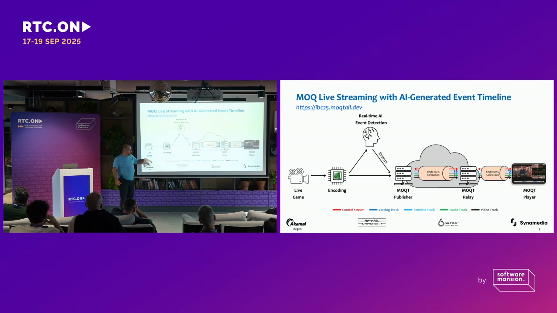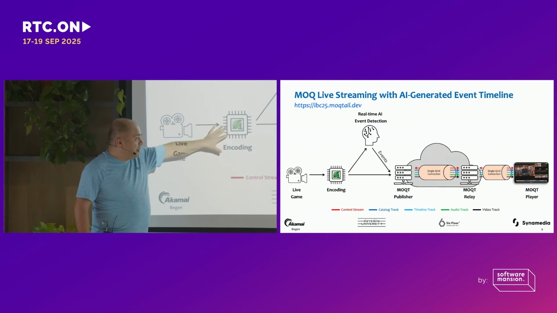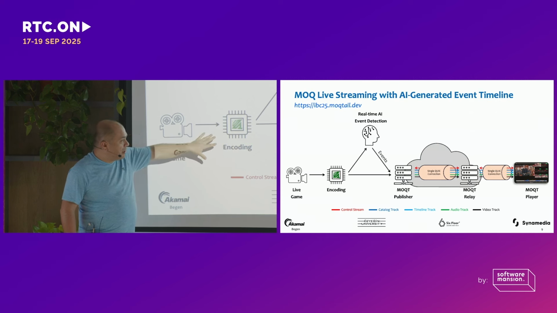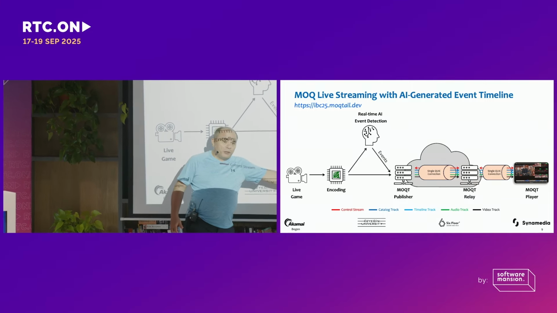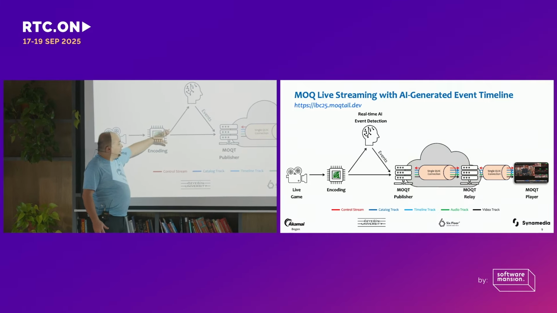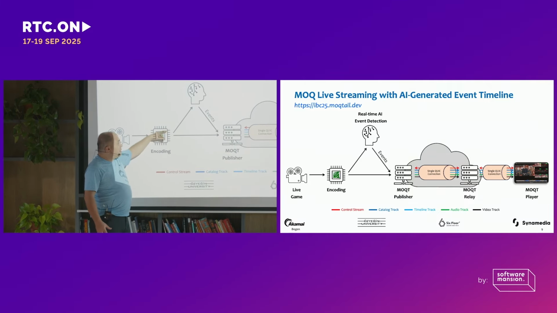So what's happening here is that I'm going to show you the demo, but here's what's happening. We have a live game, right? And then it goes through an encoder. In this case we use AVC, but you can use any codec FFmpeg supports. And then this company from Portugal, Sixth Floor Solutions, they have this nice product, I will say.